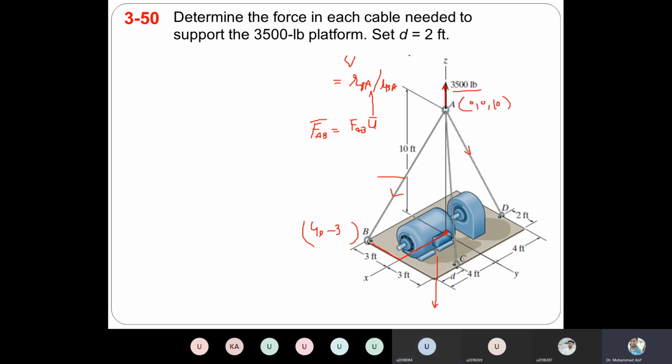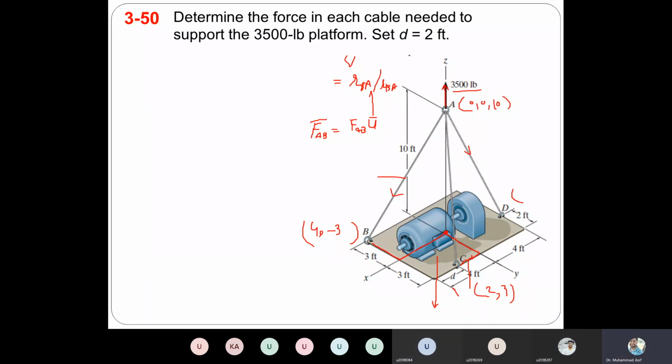Similarly, what are the coordinates of C? You have to start from the origin. You move in the positive y direction and then positive x direction, right? So how much is the positive x direction? Total is 4. And how much is d? D is 2 meters. So that 4 means minus 2. 2 comma 3. And what are the coordinates of D?